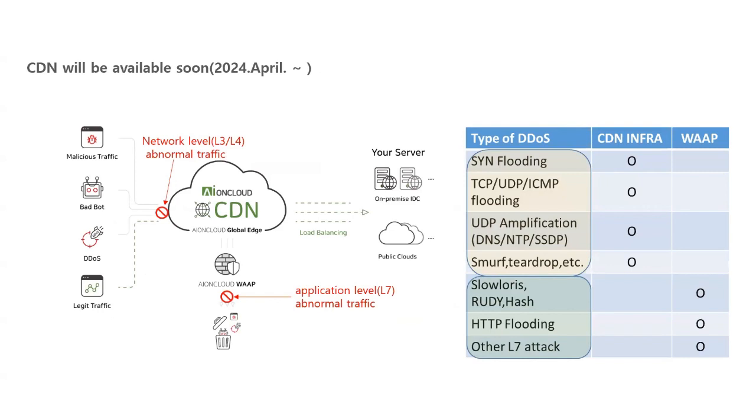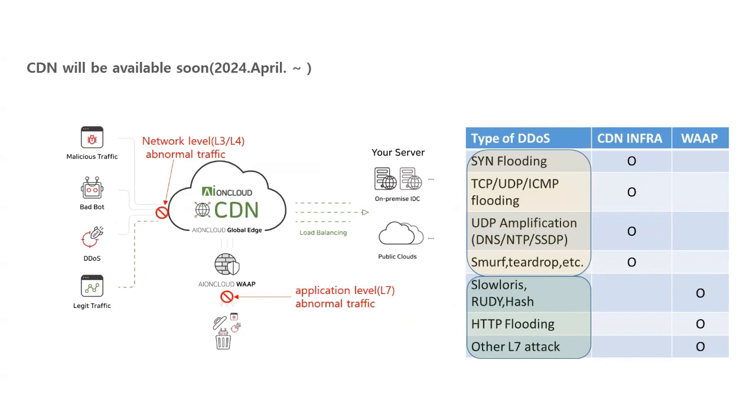Related to the CDN, one of the interesting points is that Ion Cloud provides unlimited DDoS protection for free, for all of the layers. For network level L3, L4 DDoS attacks, such as SYN flooding or UDP flooding, protection is automatic at the CDN edges.